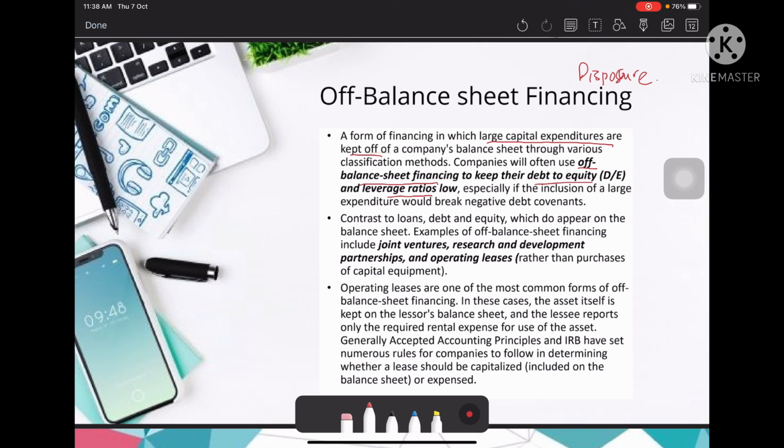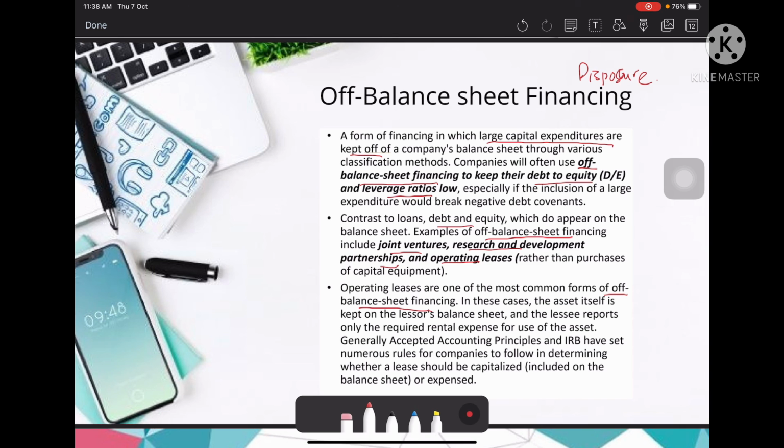In contrast to loans, debt and equity do appear in the balance sheet. Examples of off-balance sheet financing are joint ventures, R&D partnerships and operating leases. Operating leases are one of the most common forms of off-balance sheet financing.